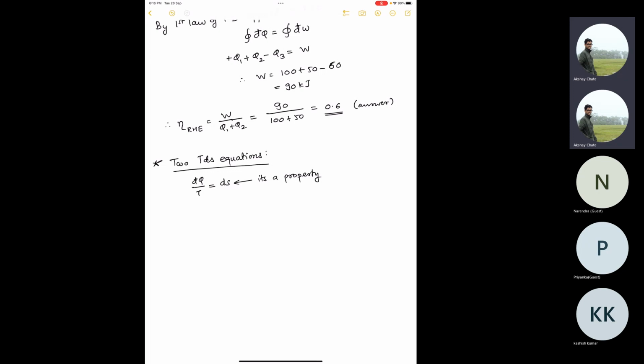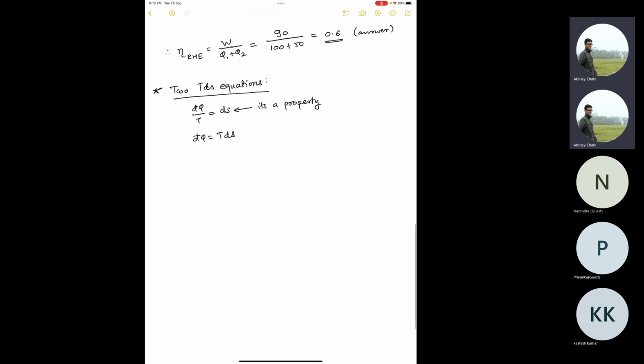What we have done is this del q is an inexact differential, so we multiply by the integrating factor, which is 1 by T, temperature inverse, and then we convert this inexact differential into an exact differential, and that becomes a property of your system. So therefore you can write del q as TDS.